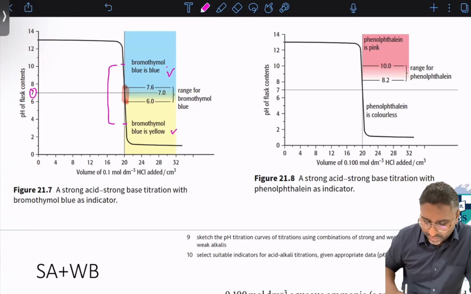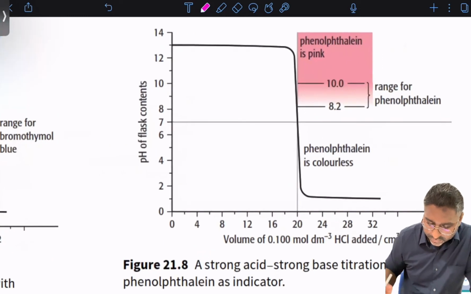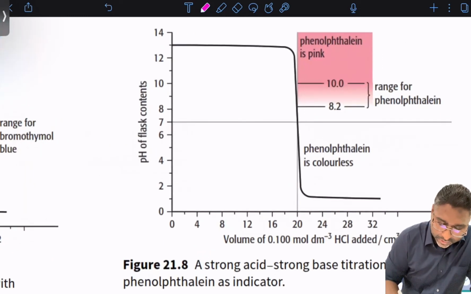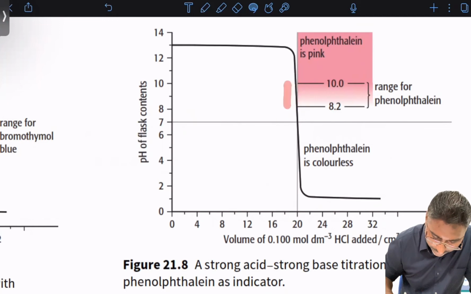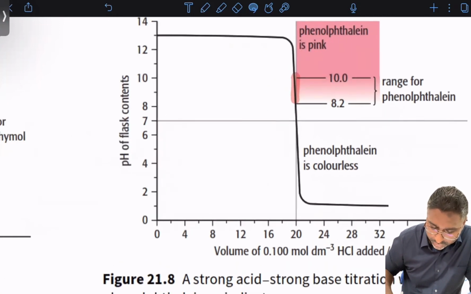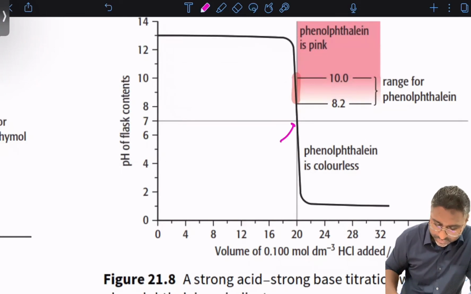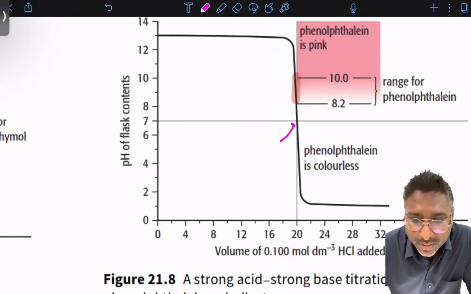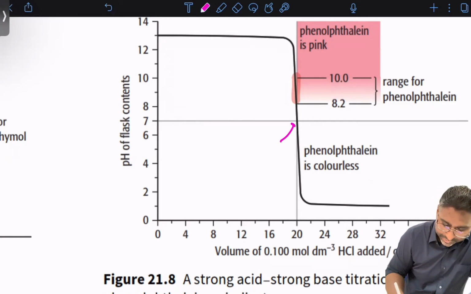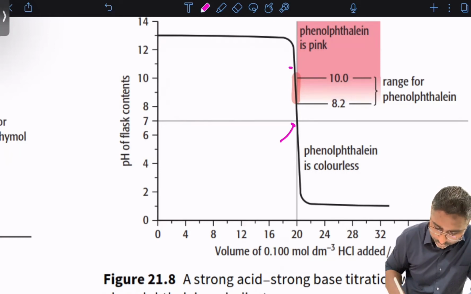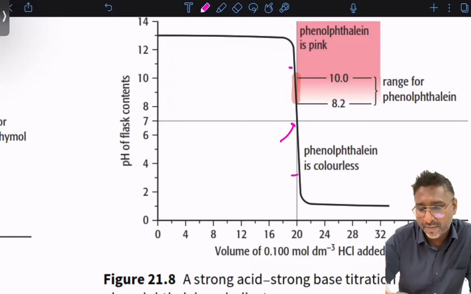What happens if I use phenolphthalein? The pH range of phenolphthalein, if you look it up, is from 8.2 to 10. If I bring it closer, it is still within the sharp drop. Even though it is not at the pH 7 midpoint, it doesn't matter, as long as it is within the 10.5 to 3.5, within the sharp fall.